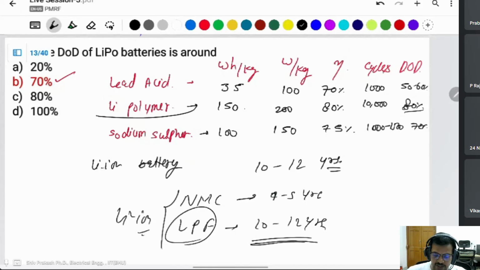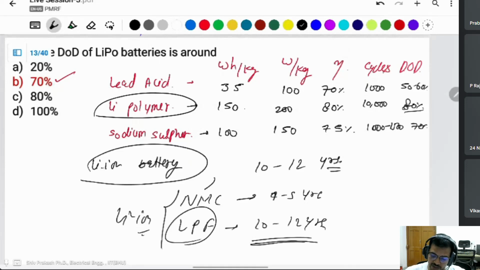Lithium polymer battery is used for very low power and short times, like in mobile, car starting and laptop batteries. But lithium ion battery, made from NMC and LFP cells, has a 3.7 nominal voltage. NMC is 4 to 5 years, and LFP cell is 10 to 12 years lifetime, very high.